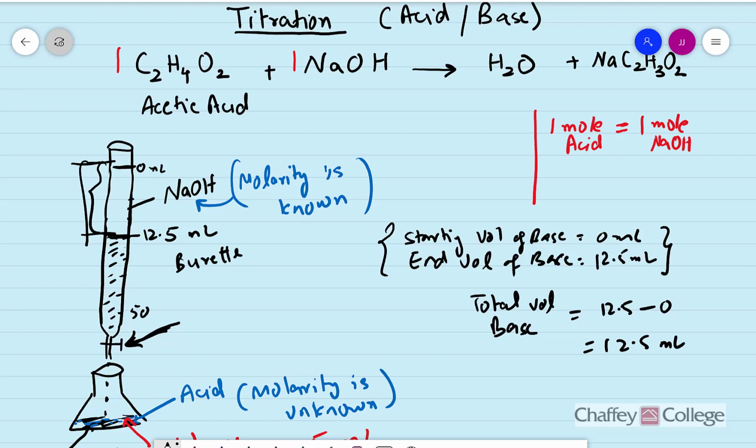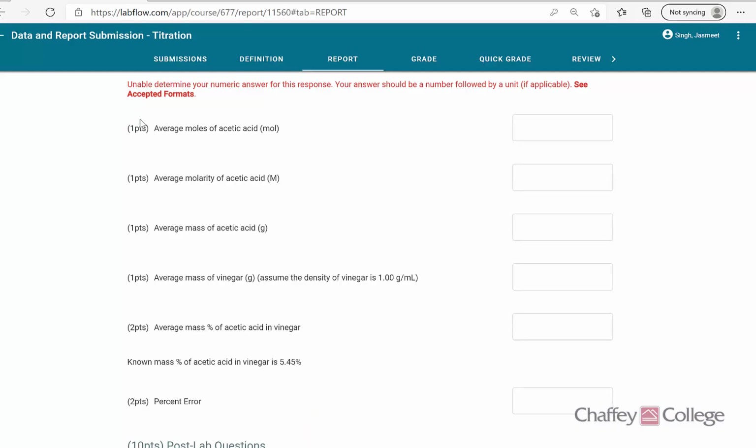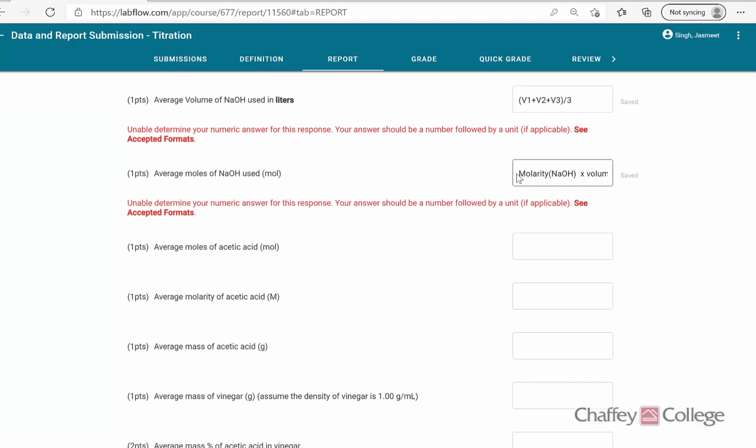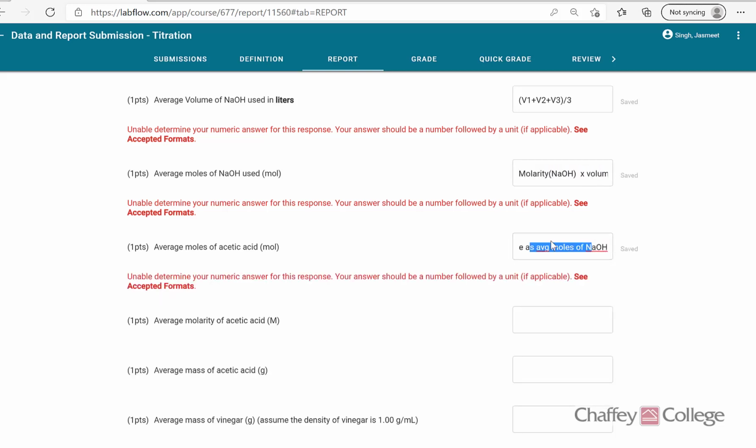Therefore, using that concept, whatever value you get here for average moles of NaOH, the same value will go here, for average moles of acetic acid.